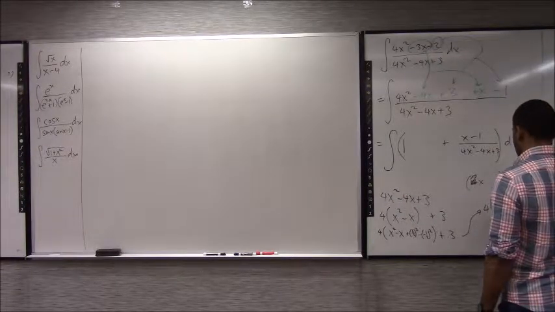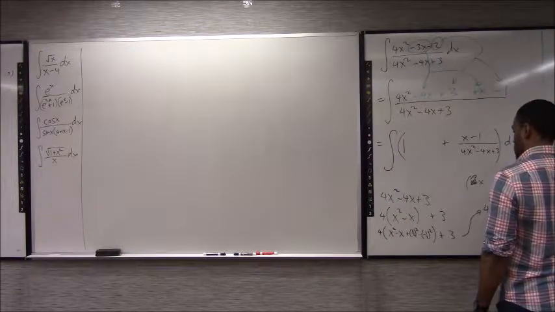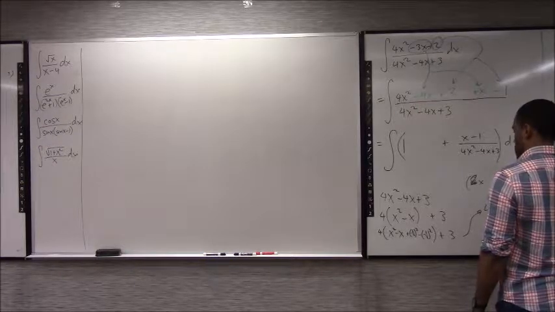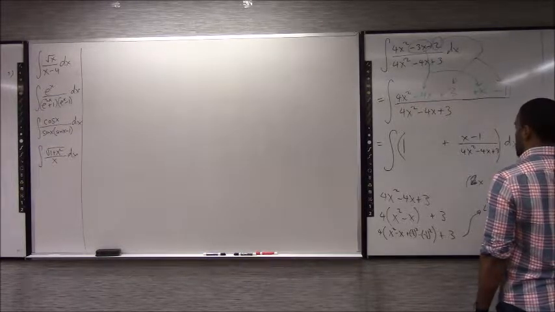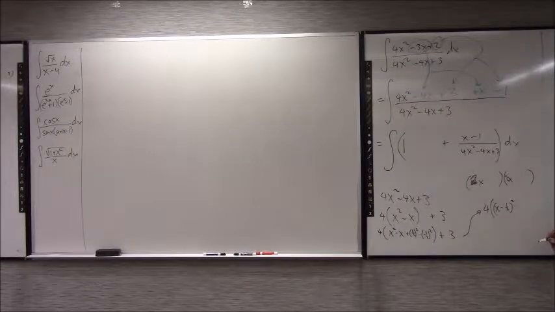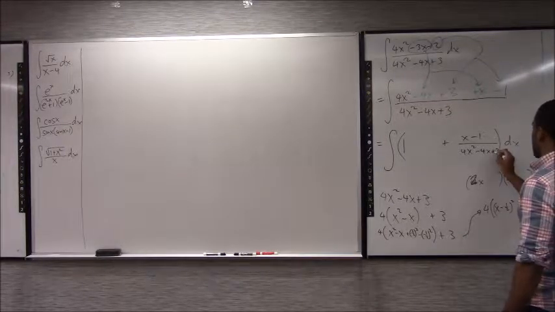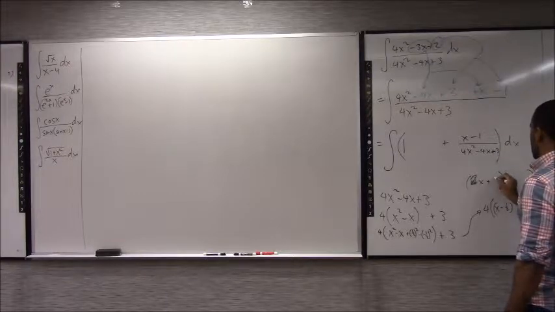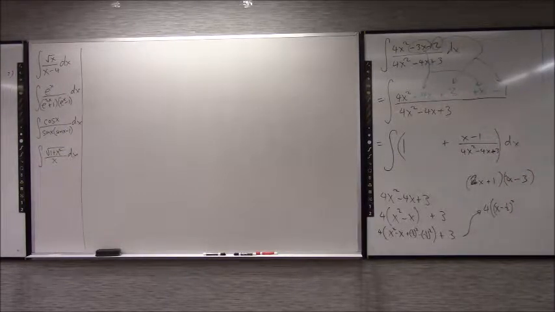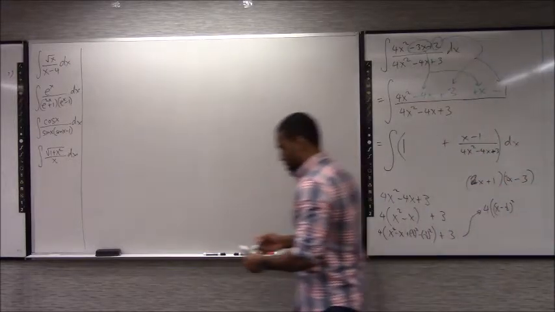I don't think this is gonna be nice. Maybe it's meant to be minus 3 up there. Cause I think that would make it work, cause then you could do 2x plus 1 and 2x minus 3. Okay. Yeah, that does work. I think I copied the sign wrong.